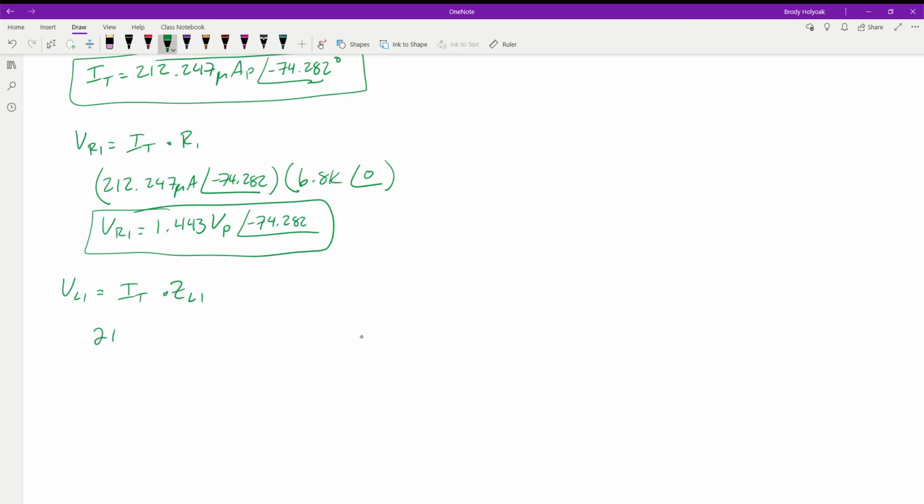So we have 212.247 microamps at an angle of negative 74.282 degrees, multiplied by our impedance for L1, which is 8482 at an angle of 89.46 degrees. So VL1 comes out to be 1.8 volts at an angle of 15.178 degrees.